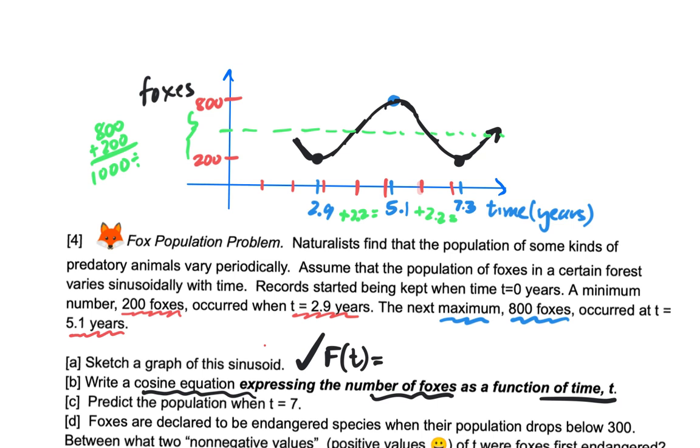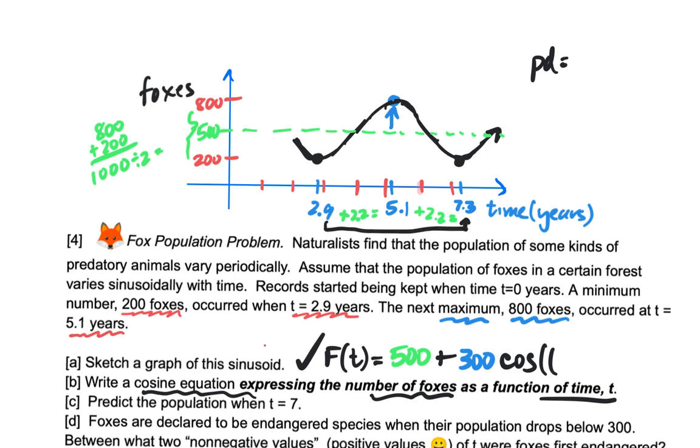Divide that in half, and we get a midpoint there of 500 plus our amplitude is 300 cosine, parenthesis, parenthesis, please. Our period looks like from 2.9 to 7.3 is 4.4 years.